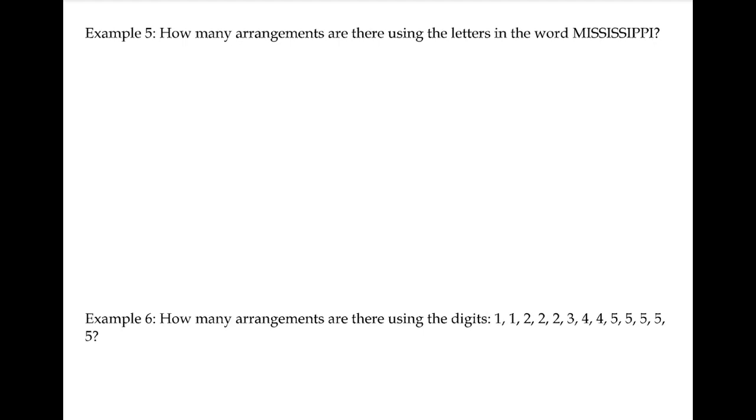Example 5: how many arrangements are there using the letters in the word Mississippi? This is a super common example. So we look and we say, okay, well, there's 1, 2, 3, 4, 5, 6, 7, 8, 9, 10, 11 actual letters.